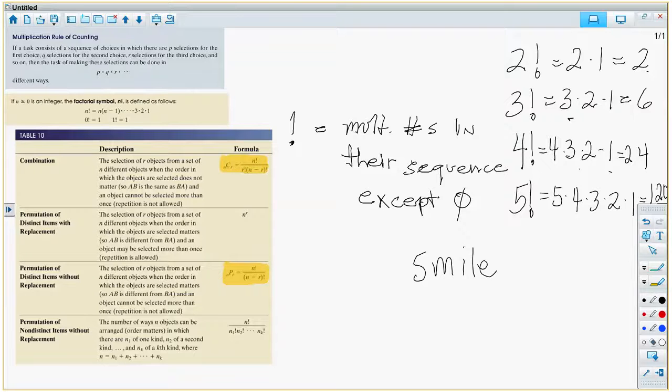Well, there's 5 letters there, so it'd be 5 factorial, which is how much? 120 different arrangements of that word. Now, whether they mean anything or not, I didn't say meaningful words, I just said different arrangements. Capiche? Anybody have any problems with these? So 6 factorial would be 6 times what? 120, which would be 720. And then 7 factorial would be 7 times 720, which would be 51 something.